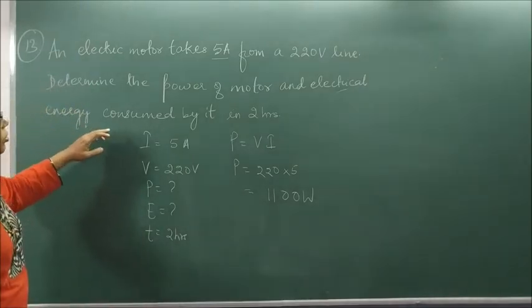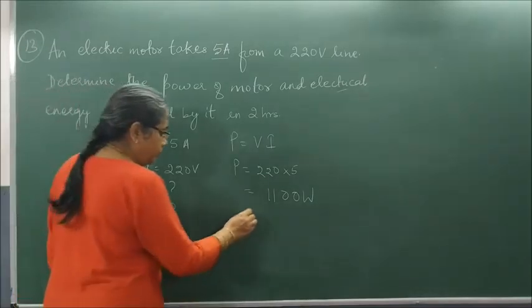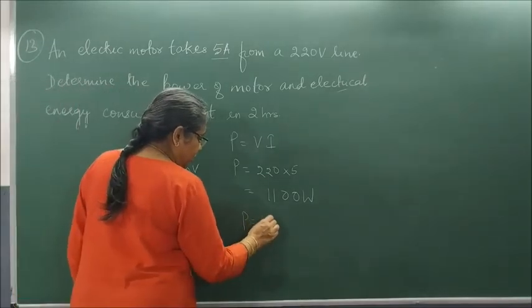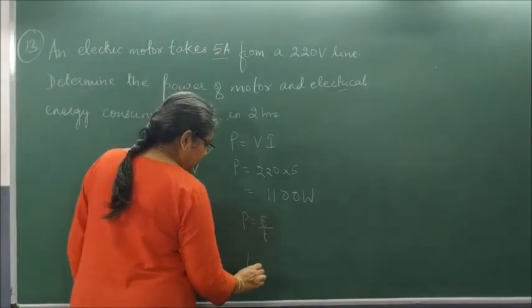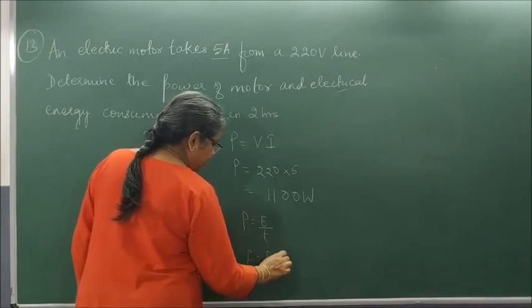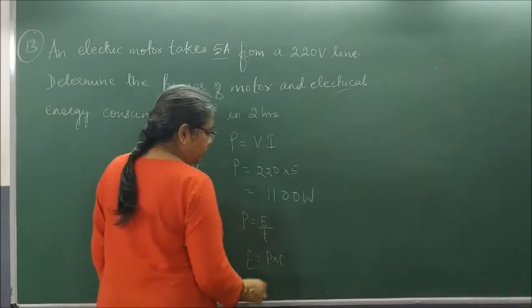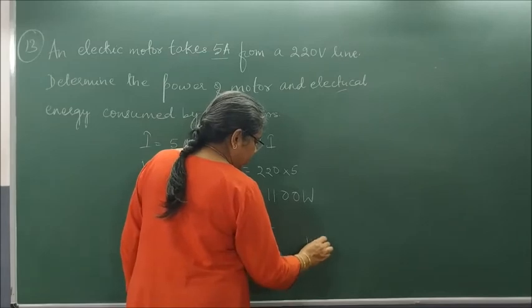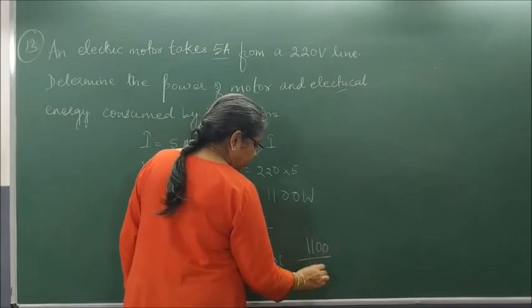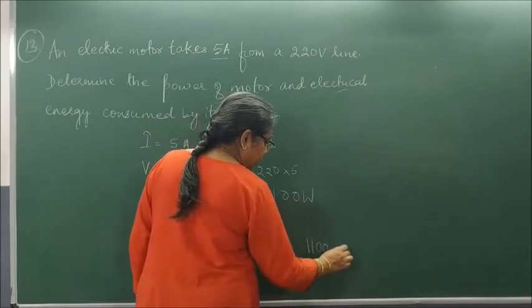Electrical energy consumed by it in 2 hours. So P is equal to E by T, so E is equal to P into T, where P is 1100 by 1000, because we want it in kilowatt hour.